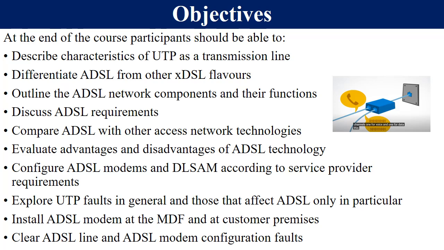Then ADSL must be installed at the subscriber or customer's premises as well as at the MDF, main distribution frame, in the exchange. Must be able to do that. Then there are some faults which can be configuration faults as well as ADSL line faults. Must be able to clear them by the end of this course.